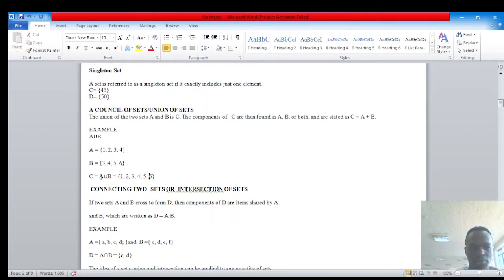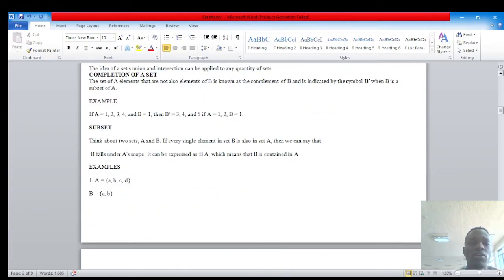So C is equal to A union B, which is 1, 2, 3, 4, 3, 4, 5, 6. What are the common elements in A and B? 3 and 4 are common because they are found in set A and set B. So we represent them only once. A union B is equal to 1, 2, 3, 4, 5, 6.